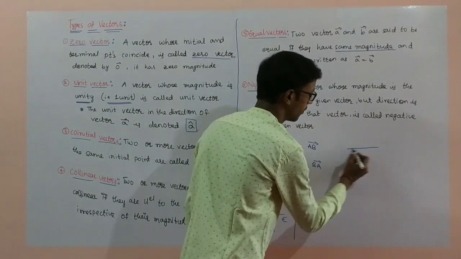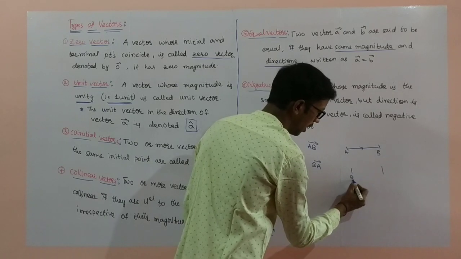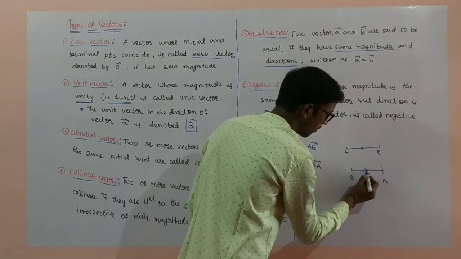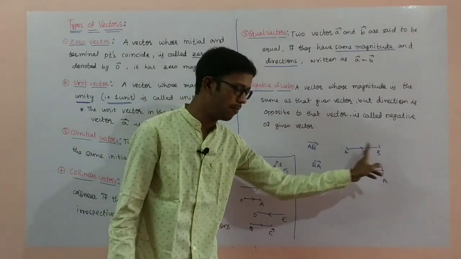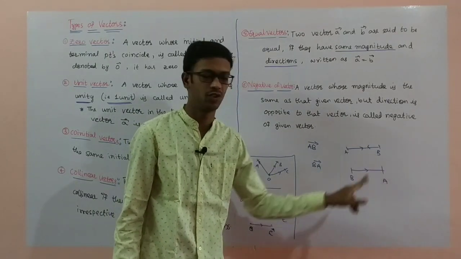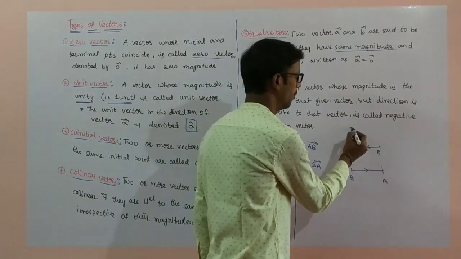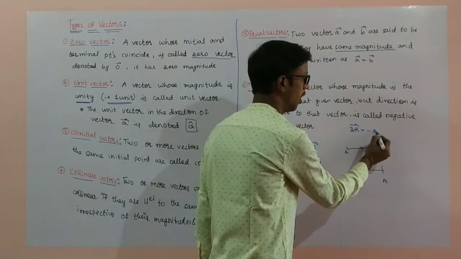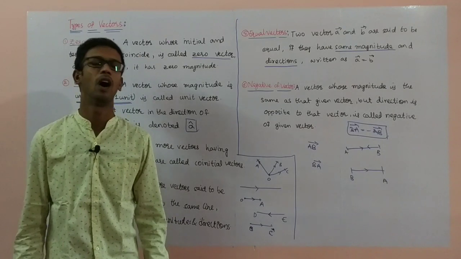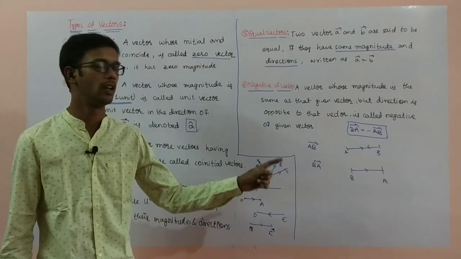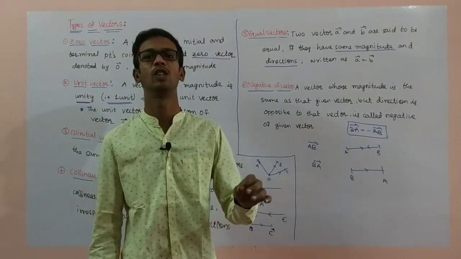Because this is AB bar, and BA bar means reversing it here. Same magnitude but opposite in direction. So the negative vector of AB bar is BA bar. It is denoted by BA bar equals negative of AB bar. Otherwise, AB bar equals negative of BA bar. A negative vector is nothing but the same magnitude but opposite in direction.